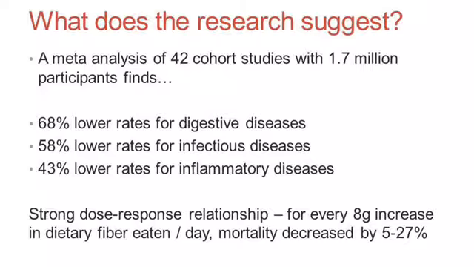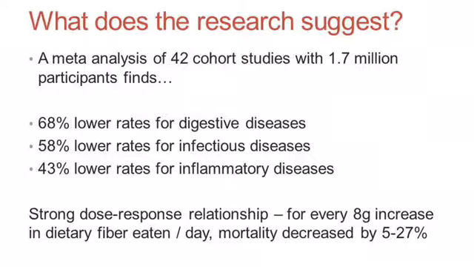68% lower rates for digestive diseases, certainly all the benefits in the GI tract that come along with increasing fiber intake are definitely observed there. 58% lower rates for infectious diseases. This one actually surprised me, but when you think about it, a lot of the immune function starts in the gut, and certainly having a healthy GI tract, having ample amounts of beneficial bacteria, can all help our immune function.